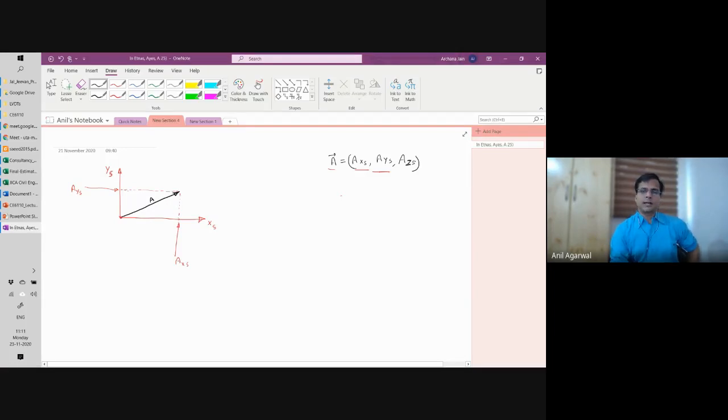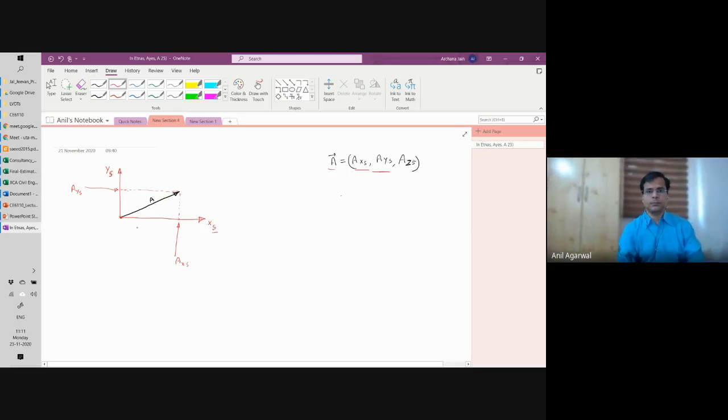Now the challenge is that I want to define this vector in a different coordinate system, and let me call that the M coordinate system. This one was the S coordinate system, but I want to use the M coordinate system. Let me see how M is defined. So let's say M is a coordinate system which has an XM in this direction and has a YM in this direction.